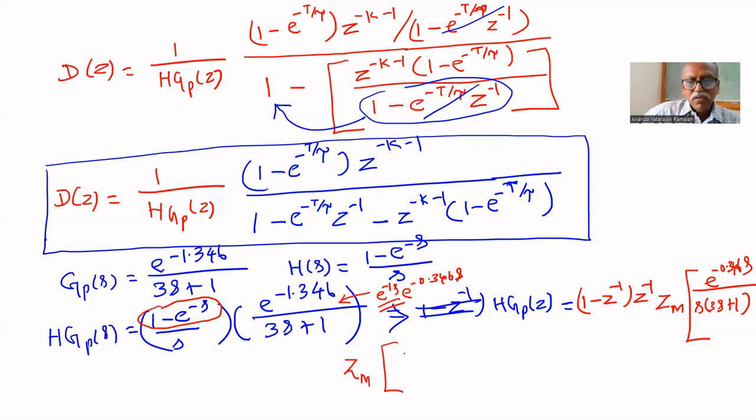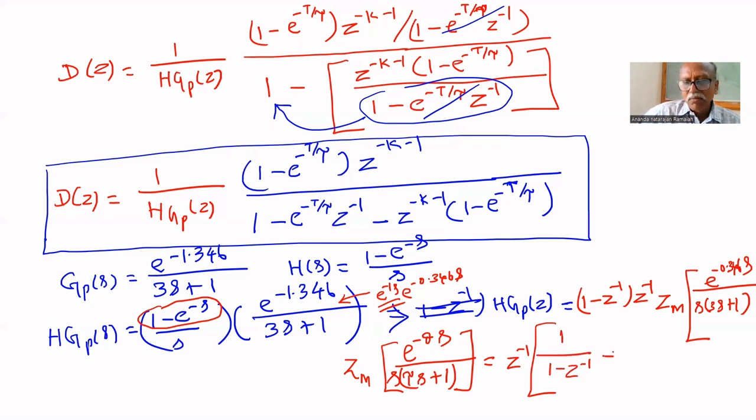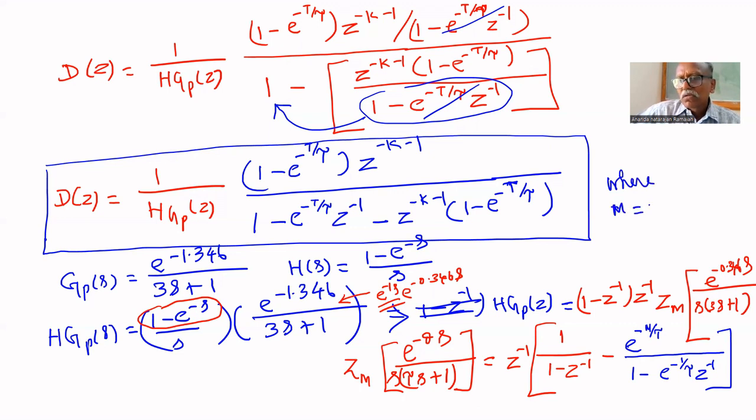Modified z transform of e power minus theta s upon tau s plus 1 multiplied by s equal to z power minus 1 upon 1 minus z power minus 1 minus e power minus m by tau whole divided by 1 minus e power minus 1 by tau z power minus 1, z power minus 1, where small m equal to 1 minus theta by T. T is the sampling period.